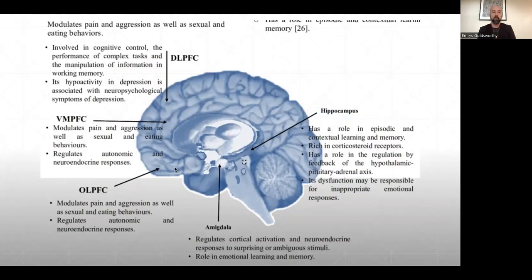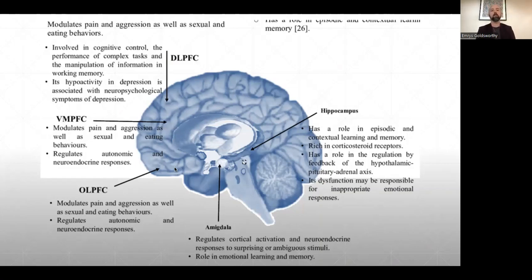When you see damage to the dorsolateral prefrontal cortex, or an area of reduced blood flow, it's highly correlated with depression. That doesn't mean it's the seat of depression. It just means that it's involved in the aberrant circuitry of depression.